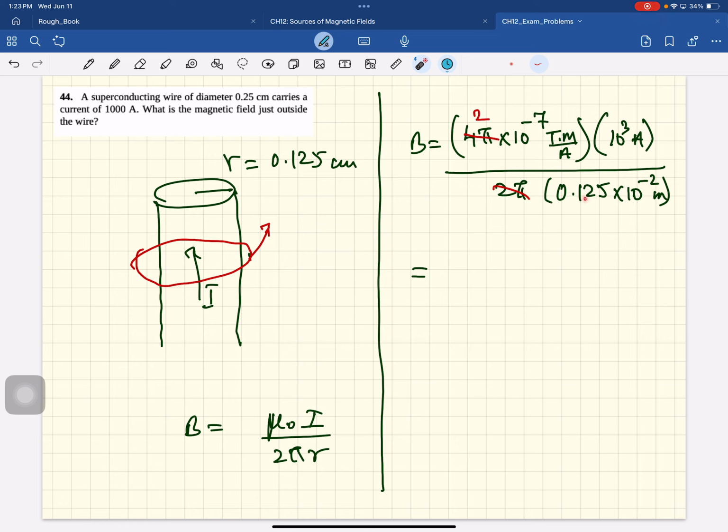That's 1.25 times 10 to the minus 3, that makes it 10 to the 4 and 10 to the minus 1. So that's 0.2 divided by 1.25 Tesla.